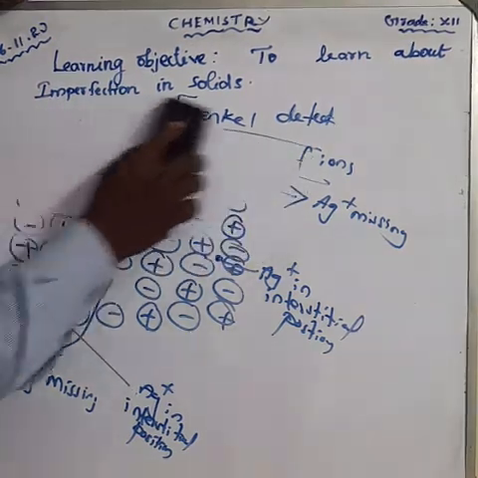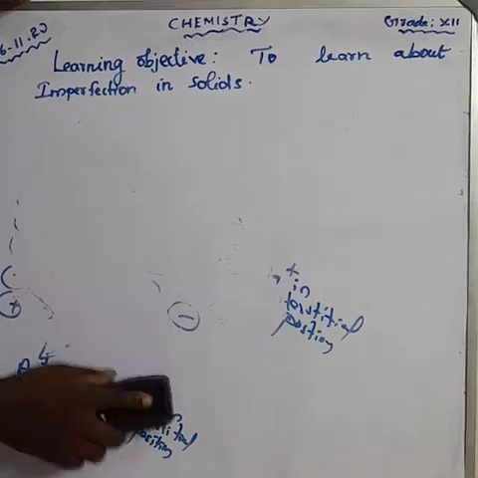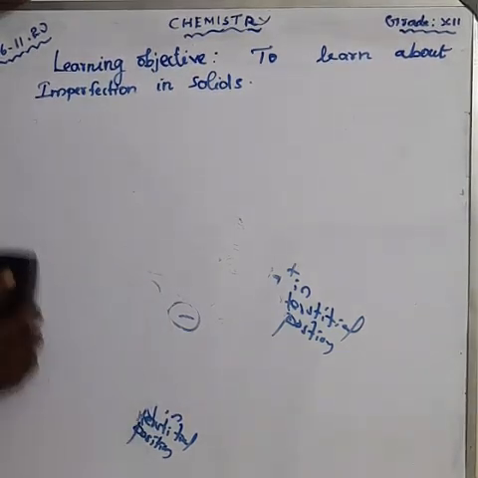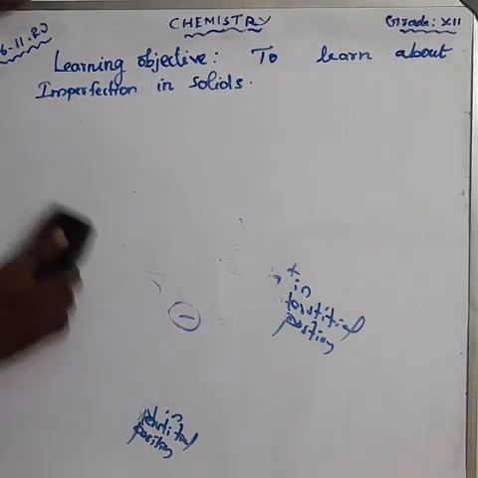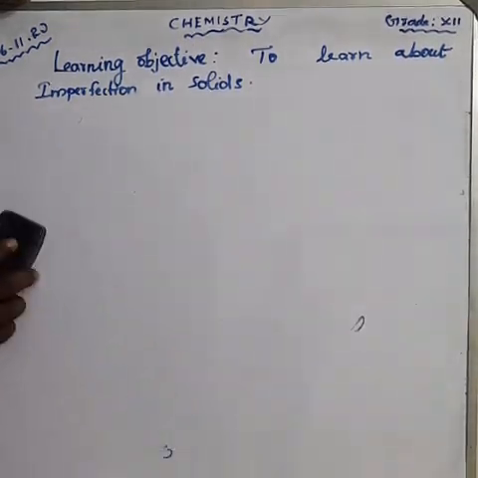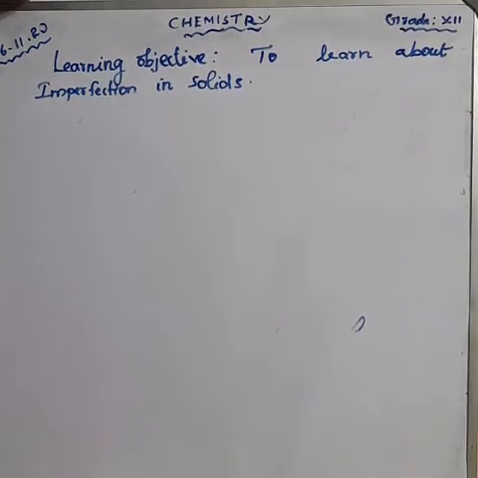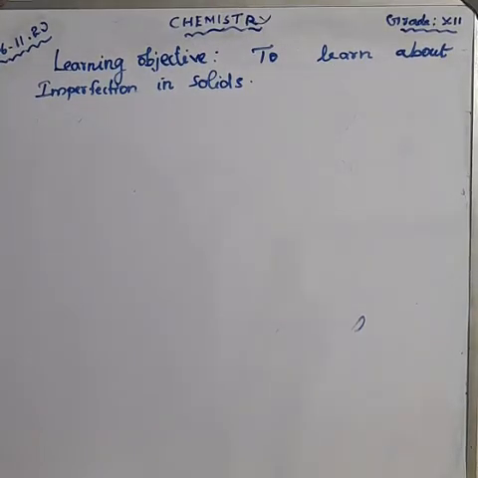Next, about the metal excess defect. This is also a very important question. What is the metal excess defect? The example is sodium chloride. When sodium chloride crystals are heated in the presence of sodium vapor, Na atoms are formed and deposited on the surface of the crystal.